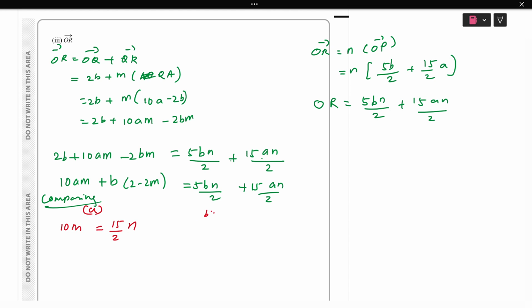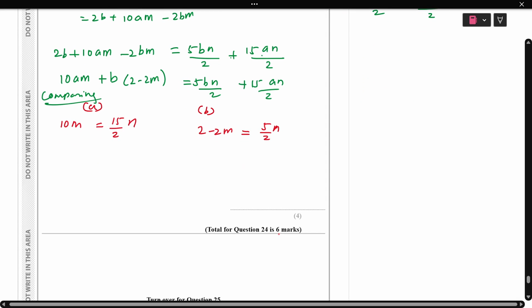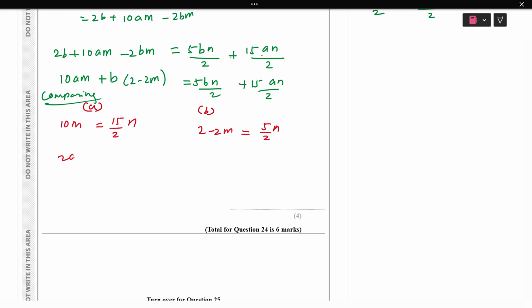Next I'll compare the b terms: 2 minus 2m equal to 5 by 2 n. Now I'll bring the 2 here: 20m equal to 15n becomes 20m minus 15n equal to 0. The other one, 4 minus 4m equal to 5n, becomes 5n plus 4m equal to 4.